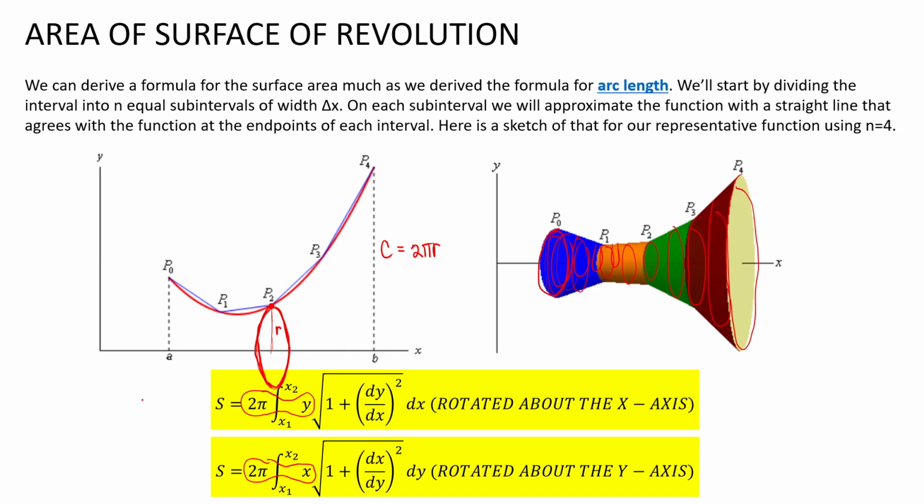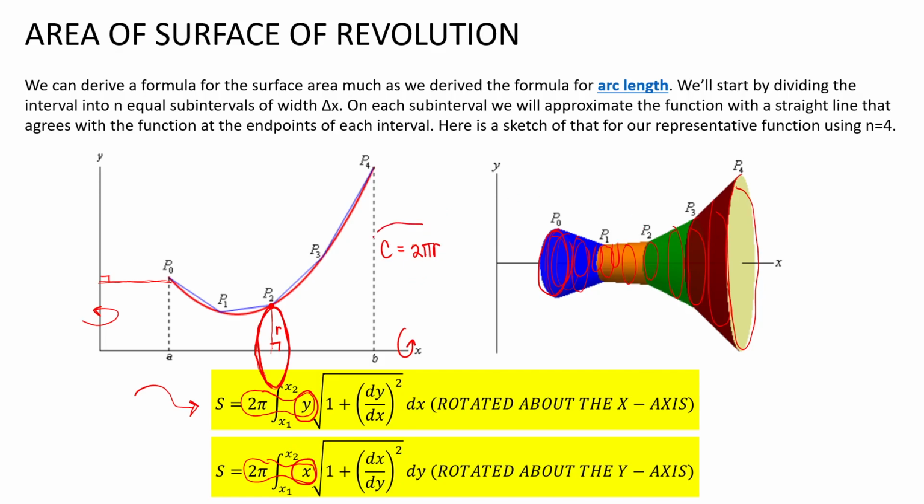So notice that in the formula, if it's rotated about the x-axis, the radius is perpendicular to the axis of rotation. Since we are rotating in the x-axis, the radius is y. If we're going to rotate about the y-axis, the radius of your circumference will be perpendicular to the y-axis. That's why the radius in the second formula is x.